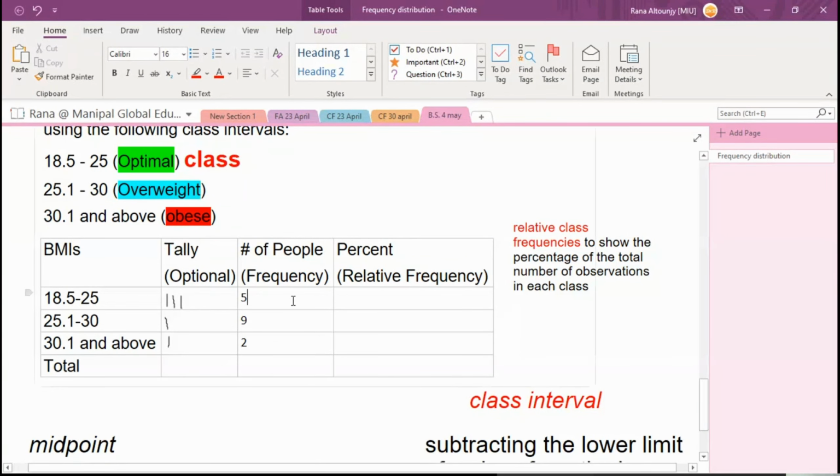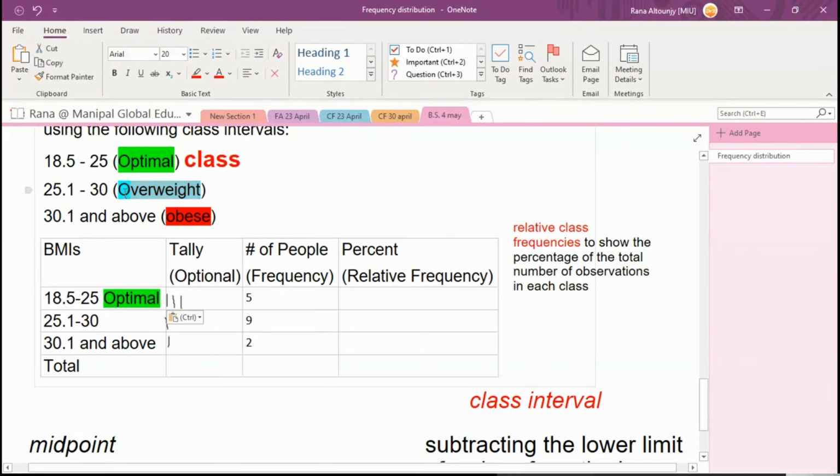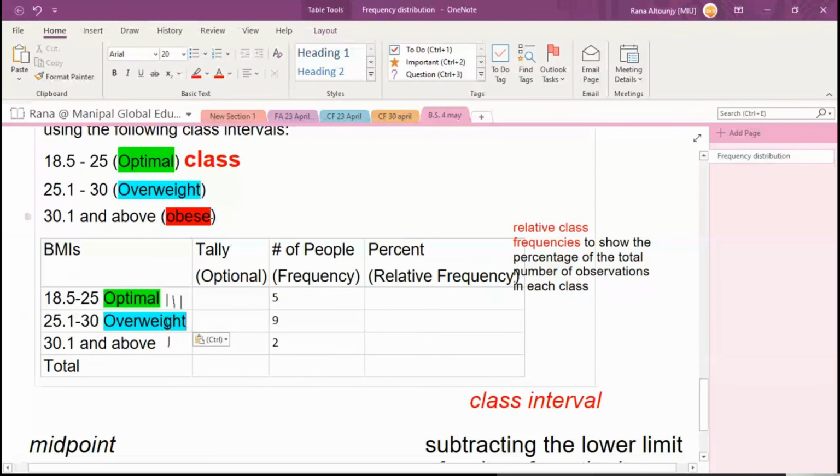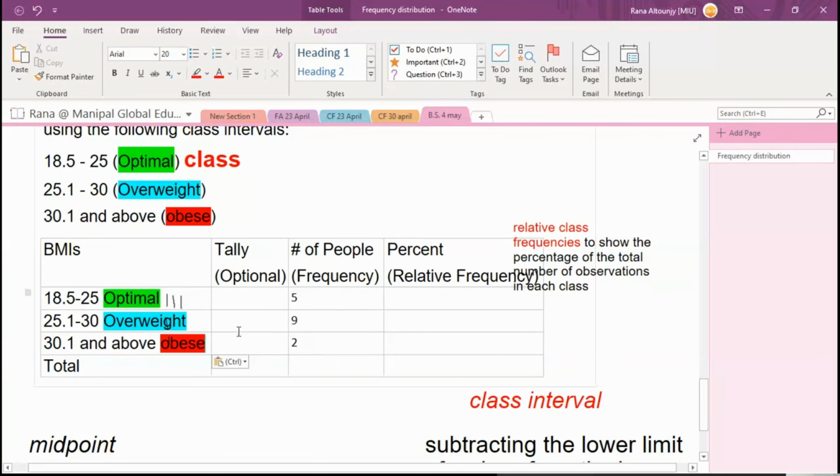So in our example here, you can see we have 5 students under the optimal option, 9 students under the overweight option, and 2 students under the obese option.